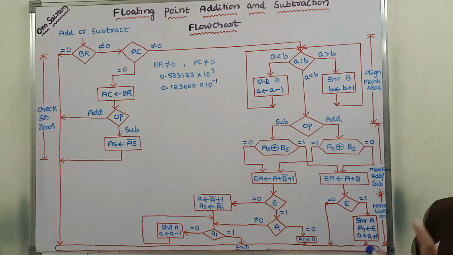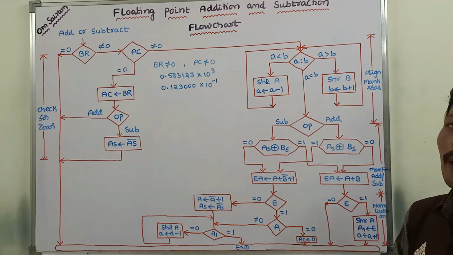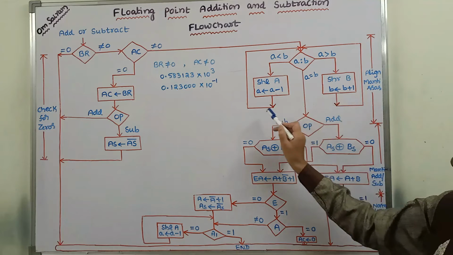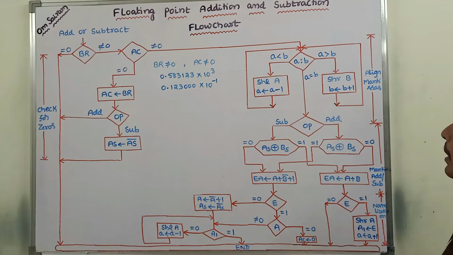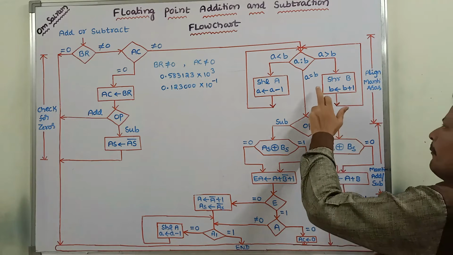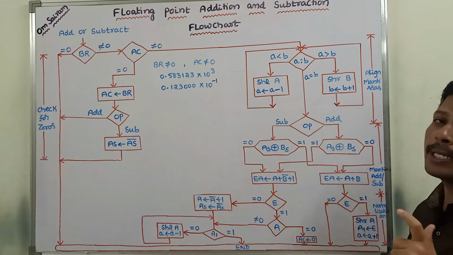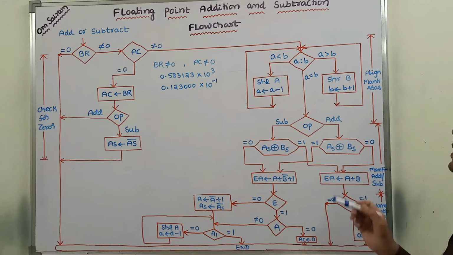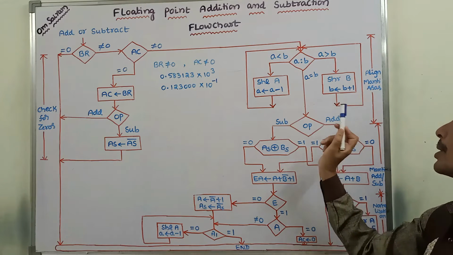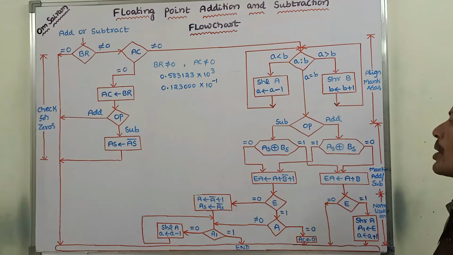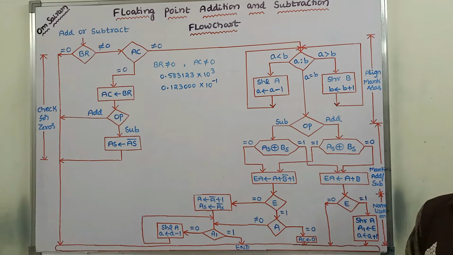Whenever both exponents are equal, we have to stop approach 2 or case 2. Now, whenever both exponents are equal, then we have to perform either an addition operation or a subtraction operation between the two floating point numbers.